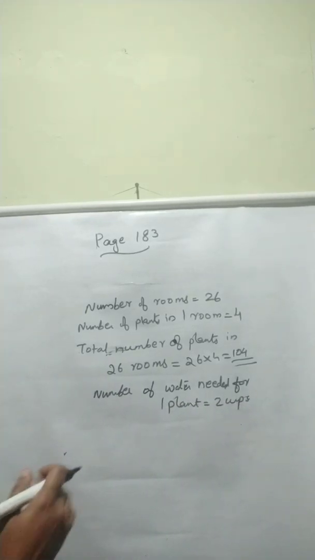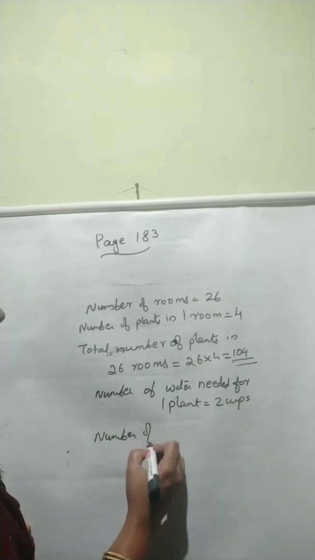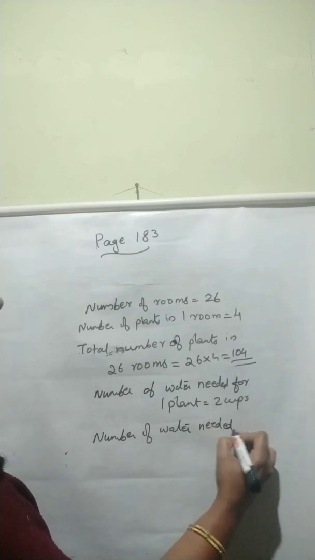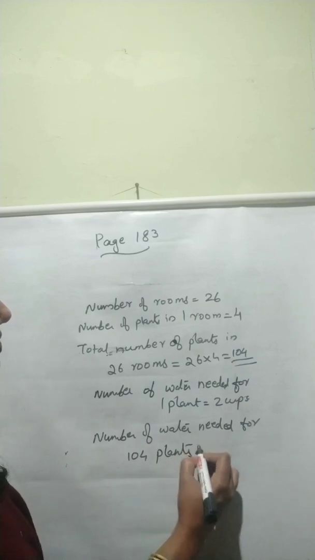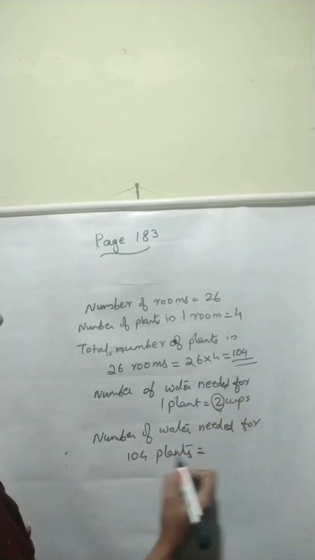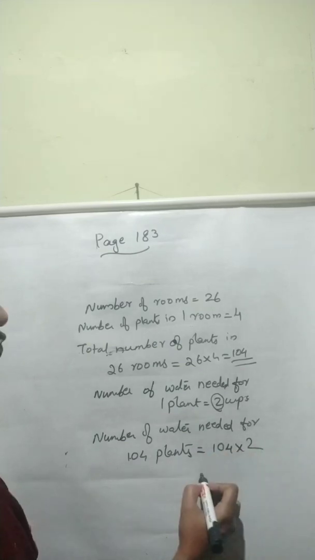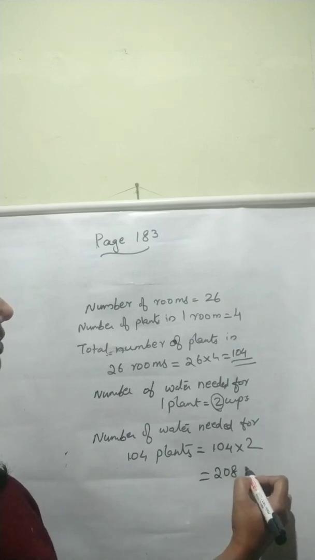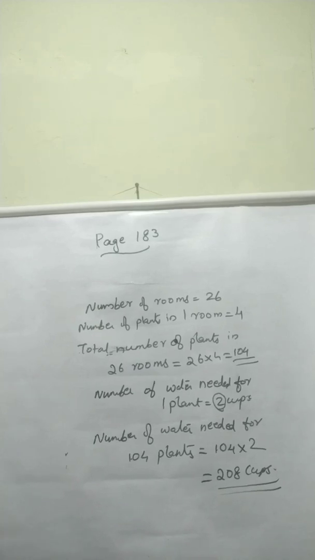Then, now we can say the number of water needed for 104 plants. For one plant 2 cups. So 104 plants, that will be 104 times 2. We need to pour that. 104 into 2 is equal to 208 cups of water needed. Okay. So this way we can solve these type of questions. Thank you.